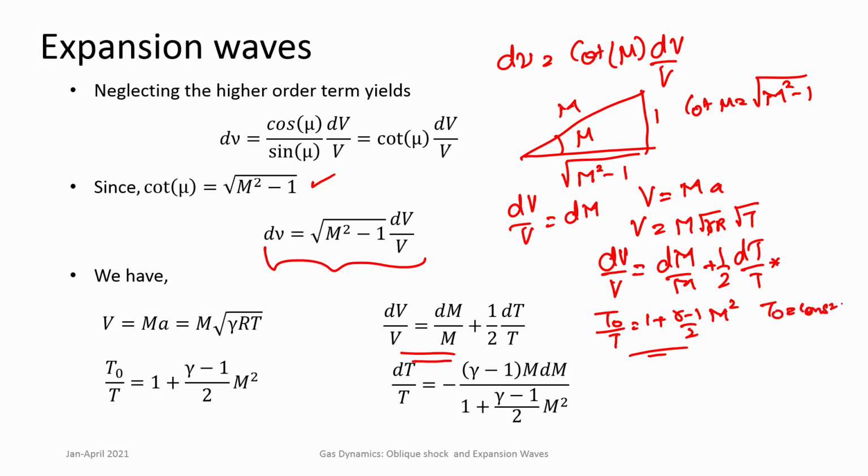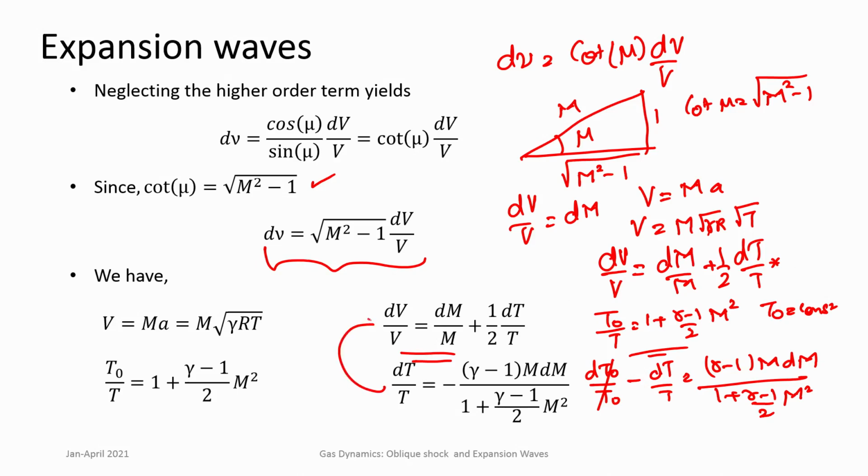So this is essentially dT naught by T naught minus dt by t is equal to gamma minus 1 by 2, 2m, and the half goes off, so m dm by 1 plus gamma minus 1 by 2 m square. The dT naught by T naught term is 0. So dt by t is minus gamma minus 1 times m dm over that.